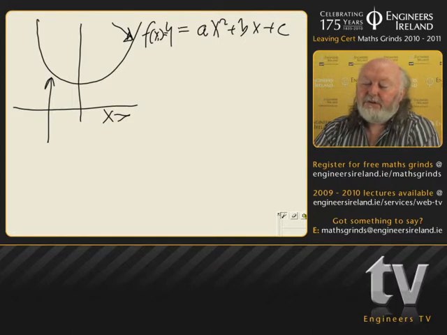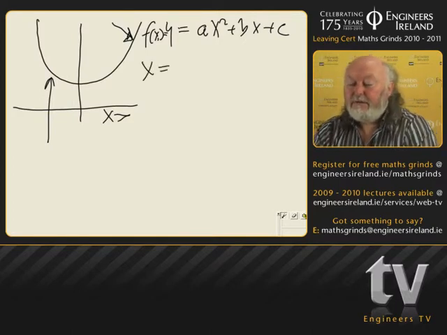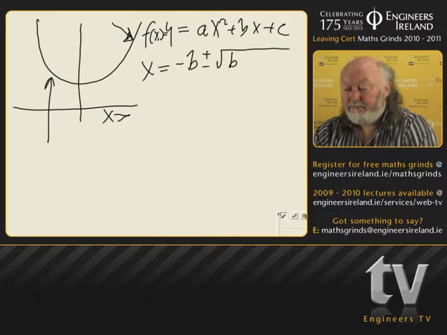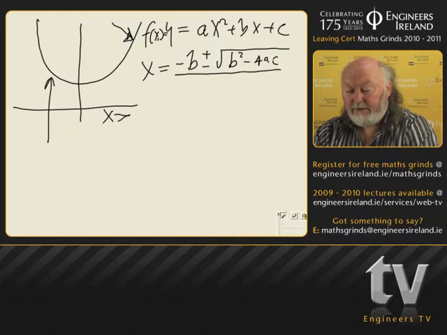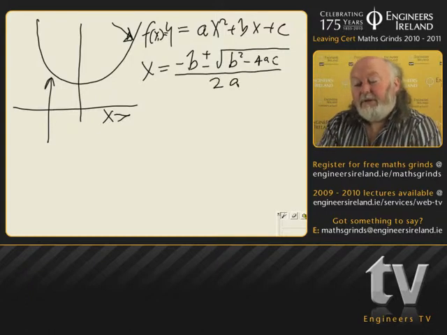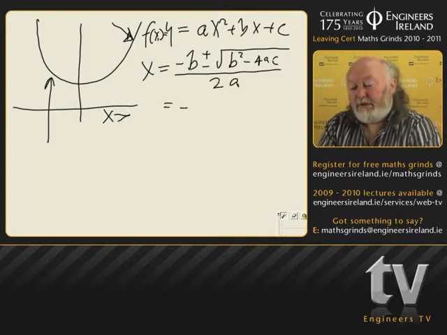Now, we do know that for that general form of the quadratic, we can always find its roots using this, all over 2a. Now we can split that into two parts.